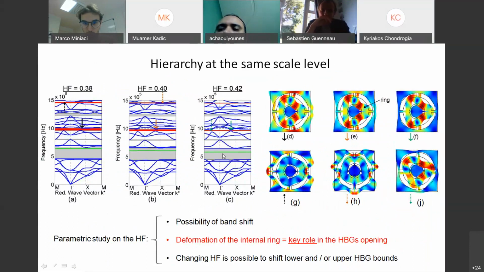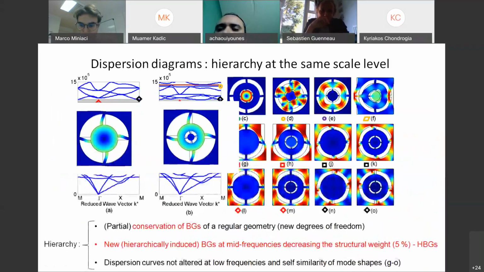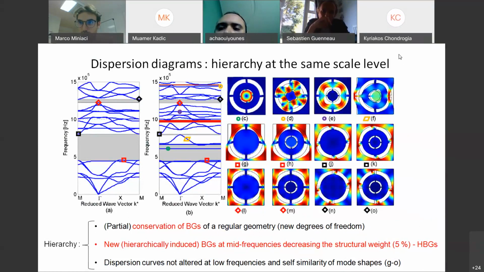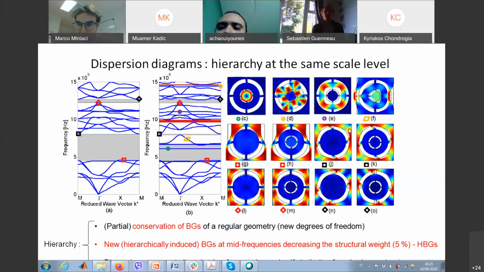If we look at this mode, it is a localized mode that is achievable thanks to the additional resonator that has been introduced in the system. That's why I agree with this.